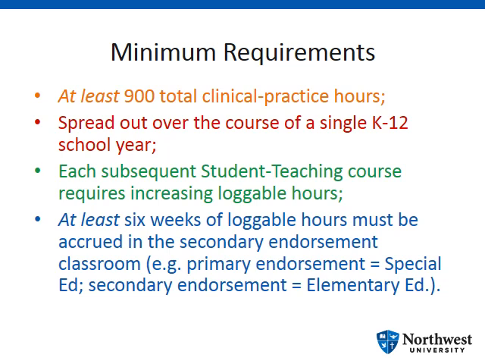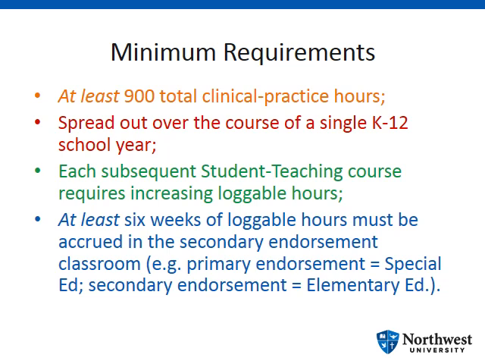So if your first endorsement is special education, the bulk of your time will be spent in that class. And most of the hours you accrue will be in that class. But at least 6 weeks of those hours have to be accrued in your other endorsement, in elementary ed or in ELL and general education. Whatever your primary endorsement is, most of your hours will come there.